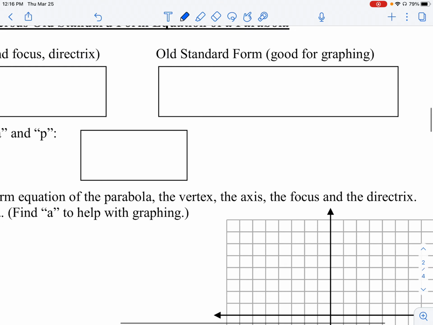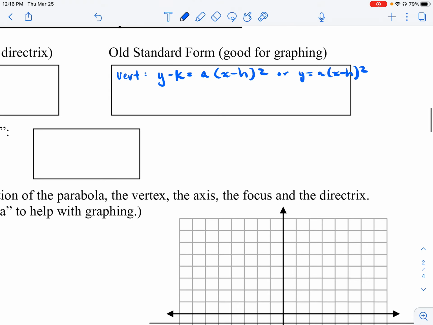When it was a vertical parabola, we said y minus k is equal to a times x minus h squared. Or you might have seen this as y is equal to a times x minus h squared plus k. We're just moving that value of k over to the other side. We've seen it either one of those ways.